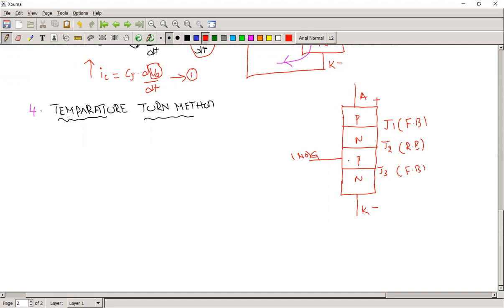When the junction J2 is reverse bias, it is allowing a small amount of leakage current due to the minority carriers. This is the leakage current.